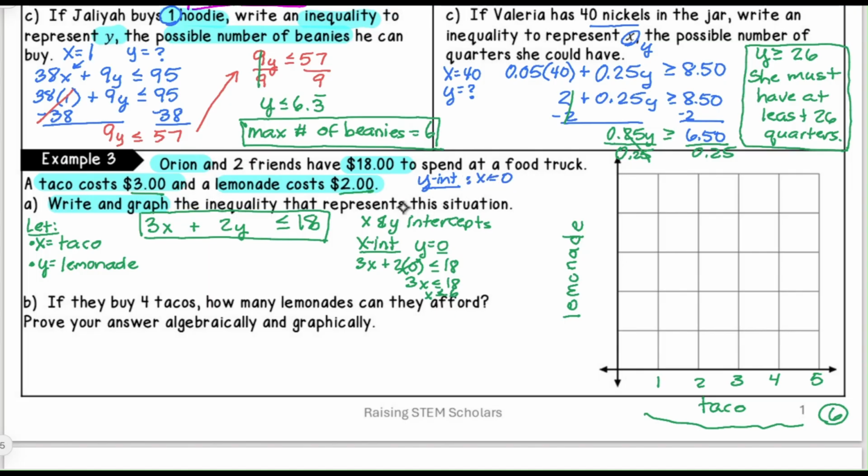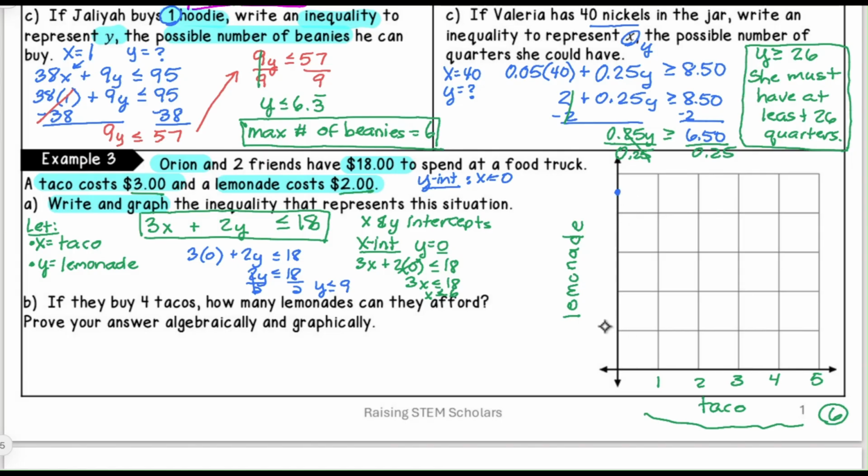So if I write this equation, I'm going to put in 3 times 0 plus 2y is less than or equal to 18. 2y less than or equal to 18. We're going to divide by 2. And so we end up with y is less than or equal to 9. What this lets us know is that this side needs to go up to 9, because my y-intercept is going to be up here at 9.